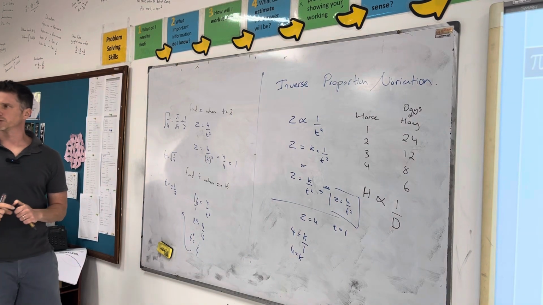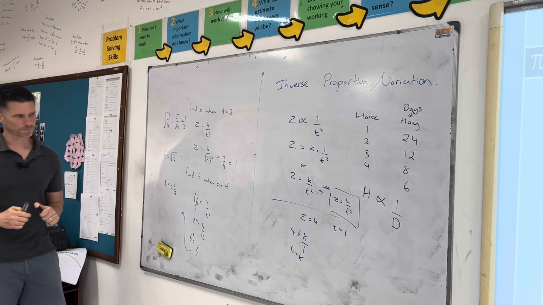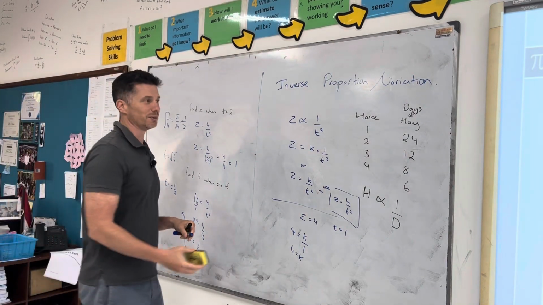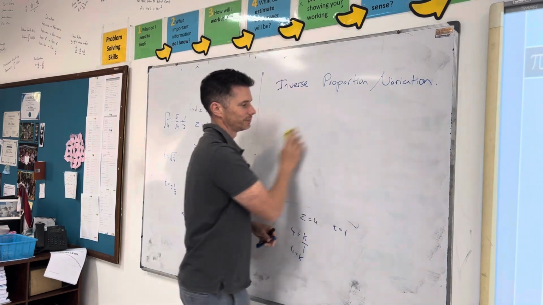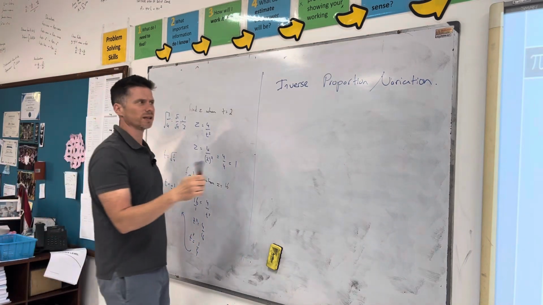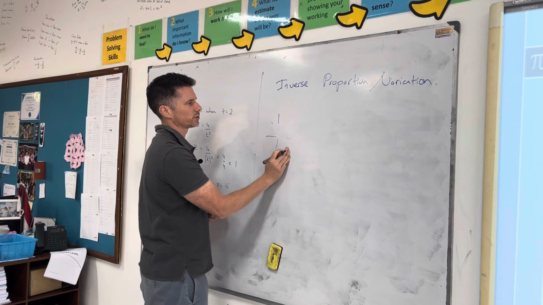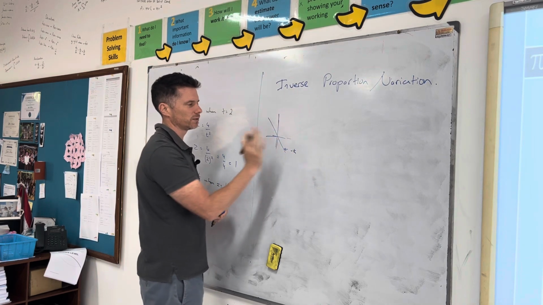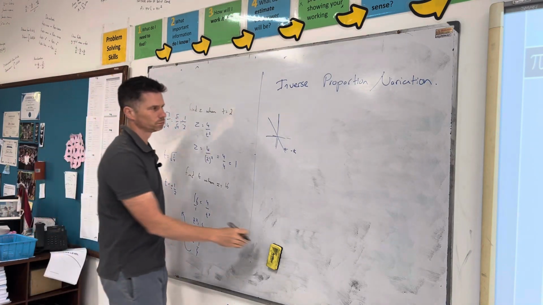Okay, and the last thing to discuss then is the shape. If we ever saw it on a graph, what would it look like? Predictions of what it would look like? It would look amazing, obviously, yes, because it's maths. Okay, well, we already said that in direct, it has to go through 0, 0. But in direct, that would just be a negative k, and it would be a straight line down.